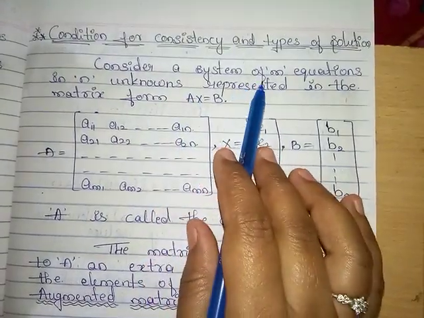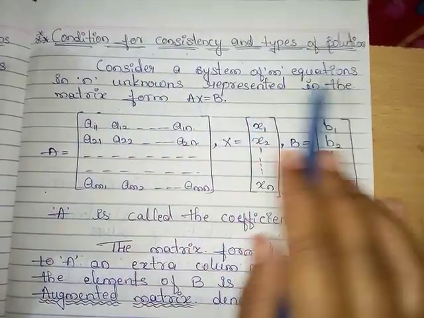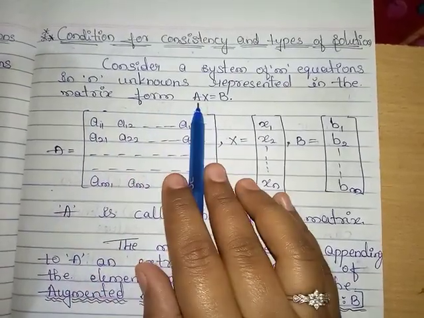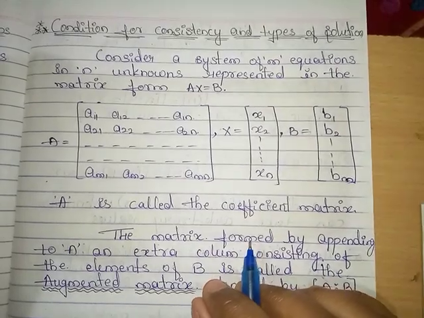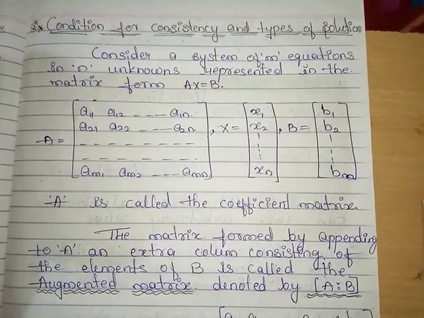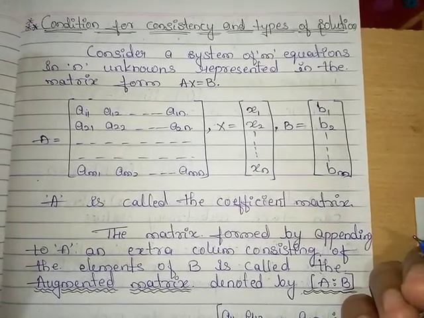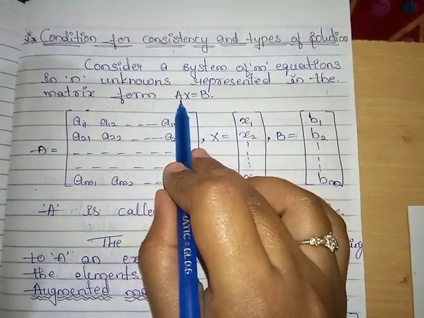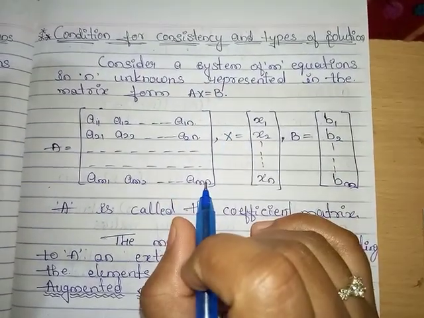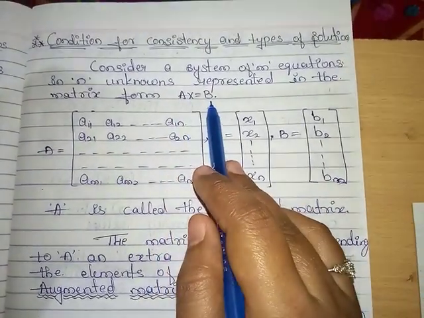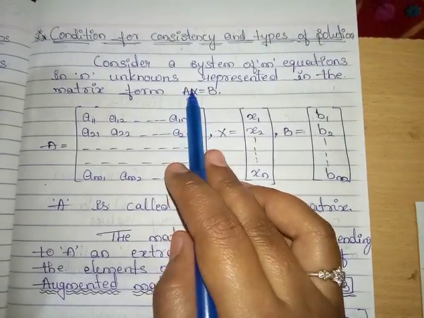Consider a system of m equations in n unknowns represented in matrix form, that is Ax is equal to b. Our first work for solving a problem is to represent the given system of linear equations in the form of a matrix, that is Ax is equal to b.